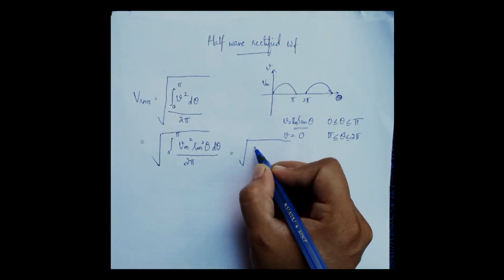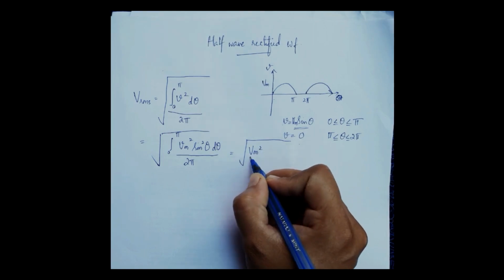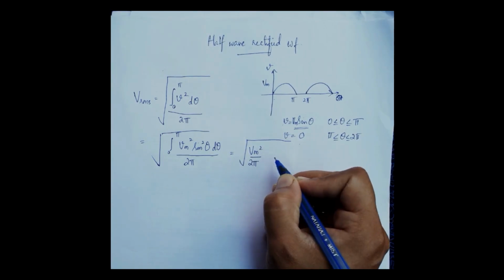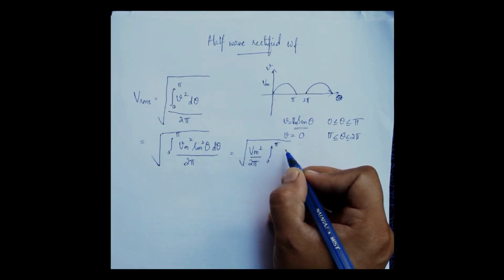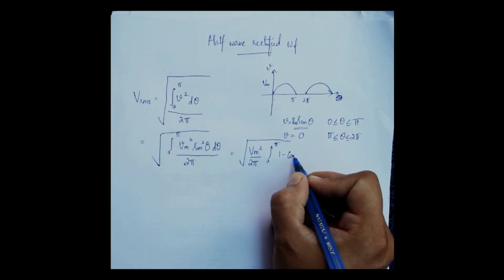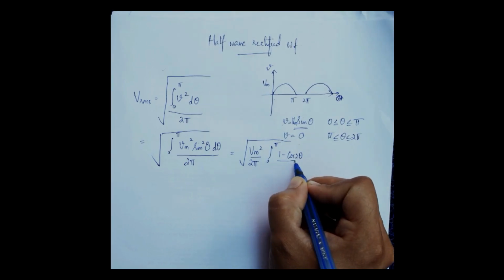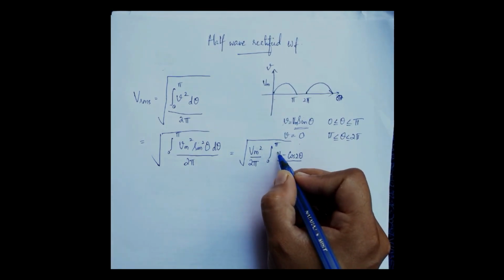Similar to sine wave, take out the constants, open sine square theta as 1 minus cos 2 theta by 2.